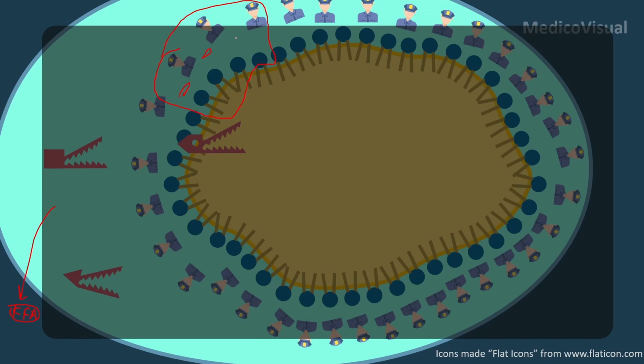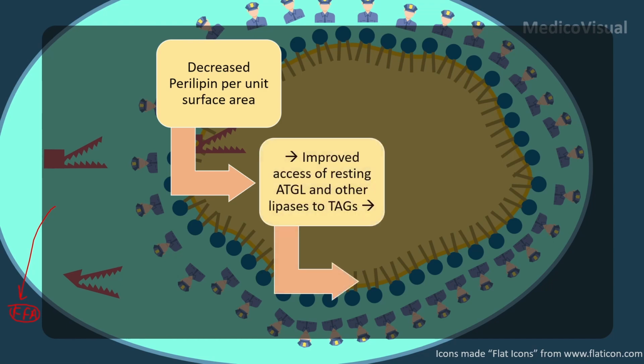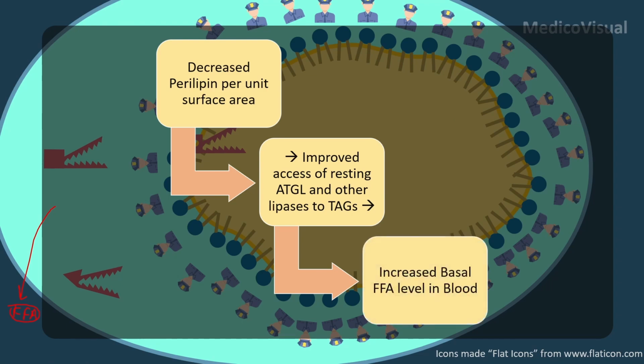So what is the problem here? There is decreased perilipin per unit surface area of the lipid droplet, which leads to improved access of resting adipocyte triglyceride lipases and other lipases to the triacylglycerol molecules of the lipid droplet, which leads to increased basal free fatty acid level in the blood, or we can say there is an increased rate of basal lipolysis in the adipocyte.